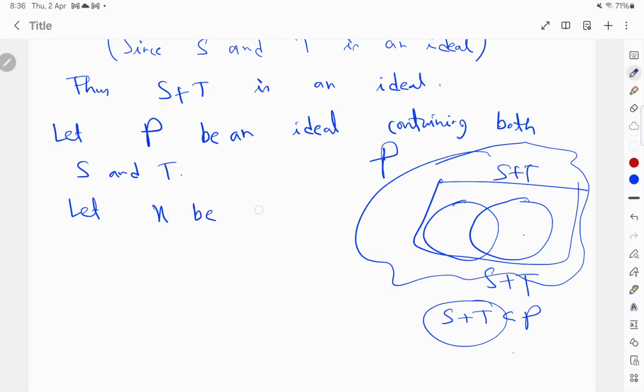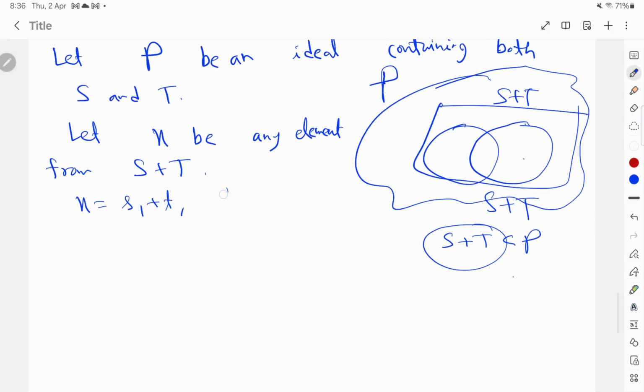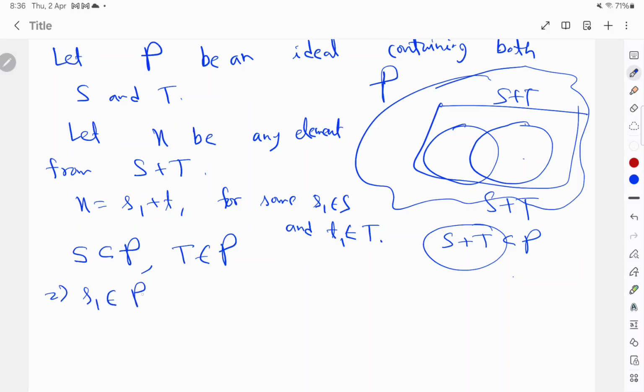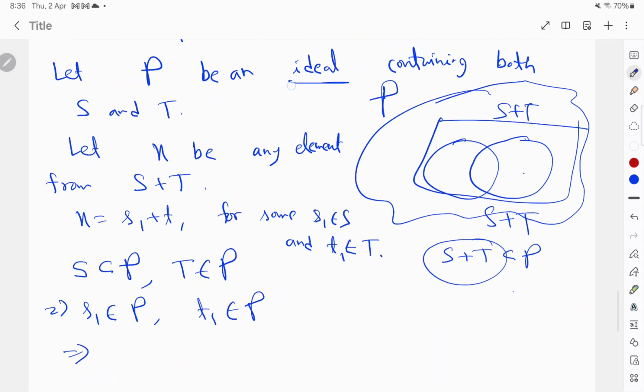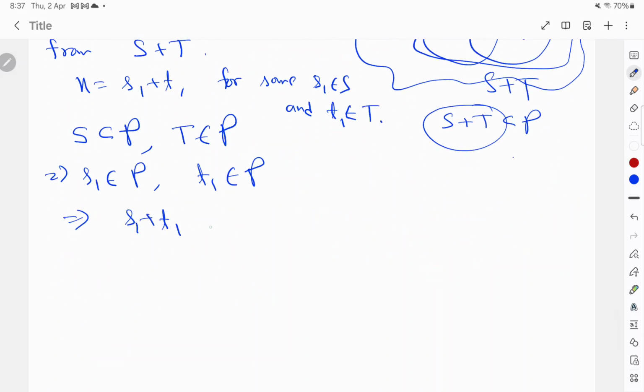Let X be any element from S plus T. So obviously X will look like S1 plus T1 as earlier, for some S1 belonging to S and T1 belonging to T. Now see, P contains both S and T. So obviously S is a subset of P and T is also a subset of P. So from there you can say S1 belongs to P and T1 also belongs to P, and since P is an ideal, you have S1 plus T1 belongs to P, right?